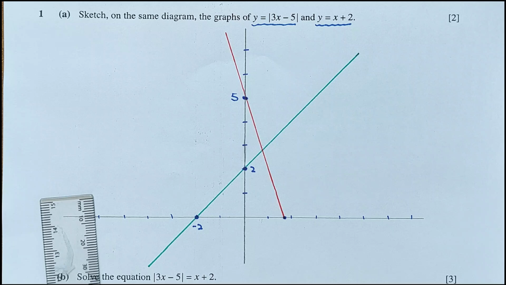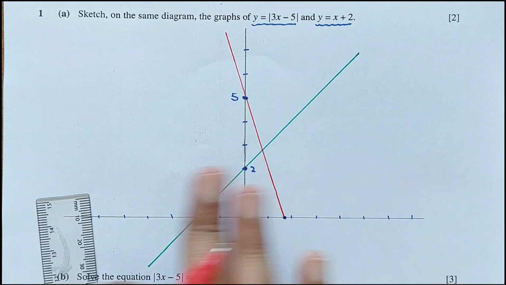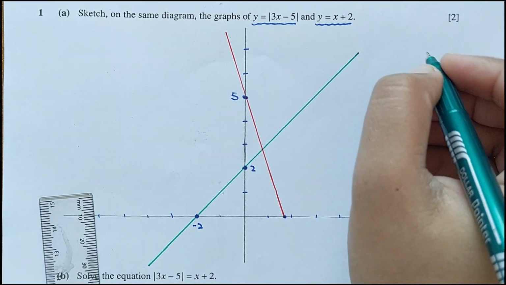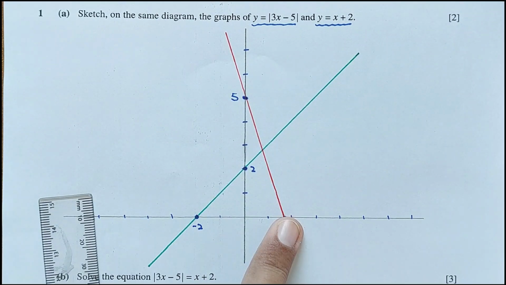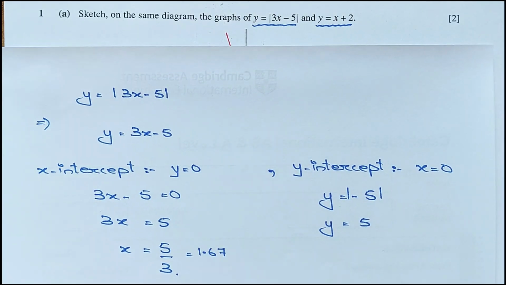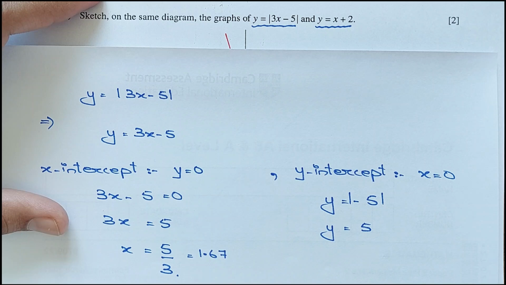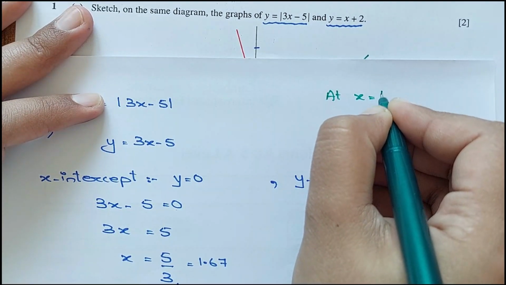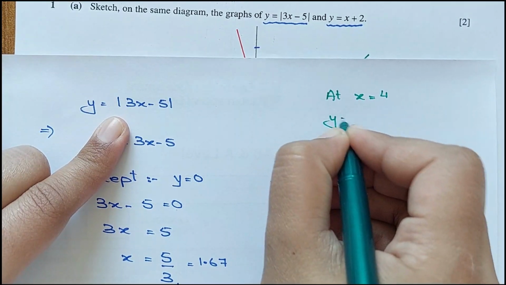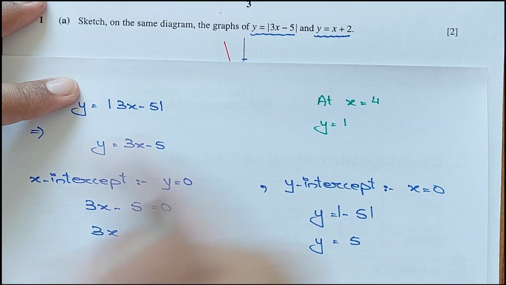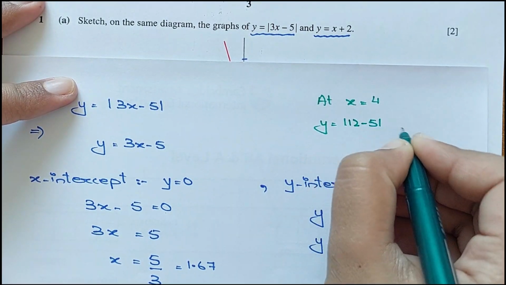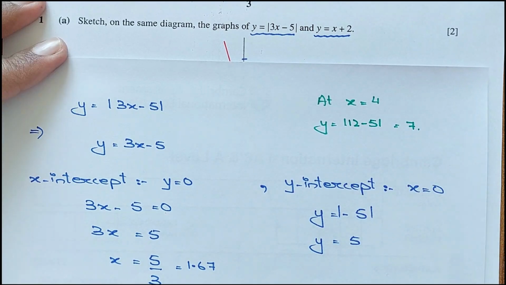Okay, so now let me consider some x value to find the other portion, the reflection basically. Beyond x equals 1.67, let's say x equals 4. What is the y value? At x equals 4, y equals the absolute value of 3 times 4, which is 12, minus 5, which is 7, and the absolute value of 7 is just 7.